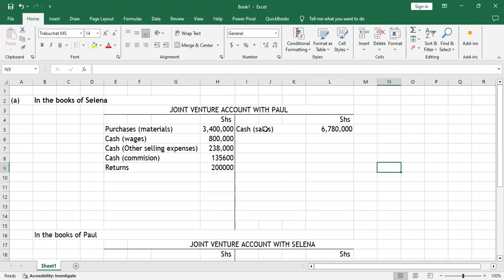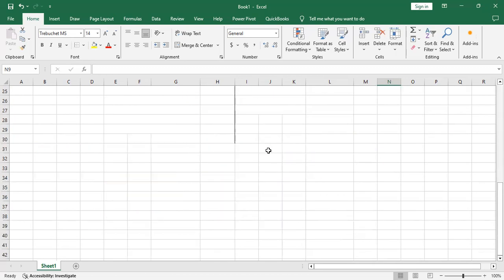After coming up with that profit, that profit will be transferred between the parties to draw the venture to a close, as we are going to see. So we are going to prepare a memorandum joint venture account, that account that combines these two accounts.